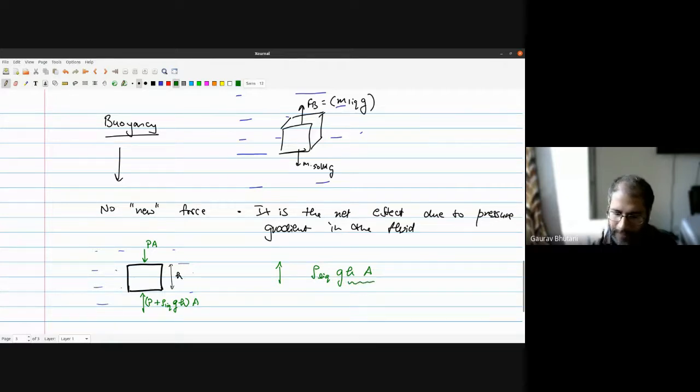Now this area times H is simply the amount of liquid displaced. In this case this is equal to the volume of the solid body, but that is because the whole solid body is immersed.